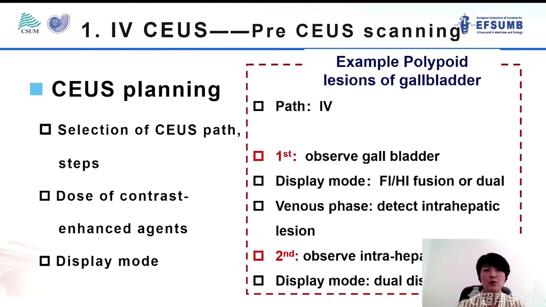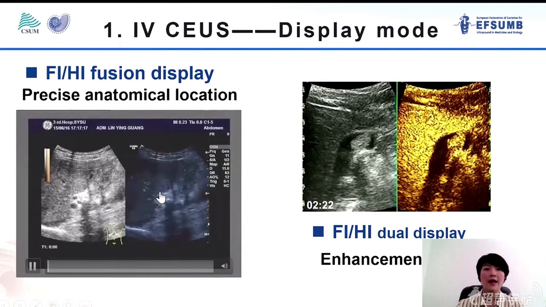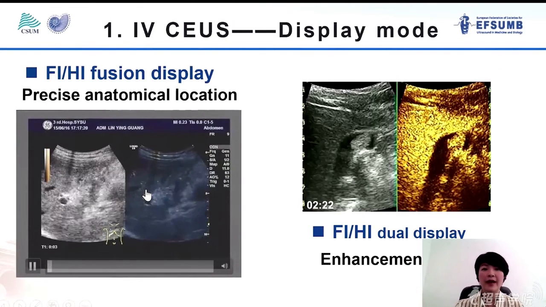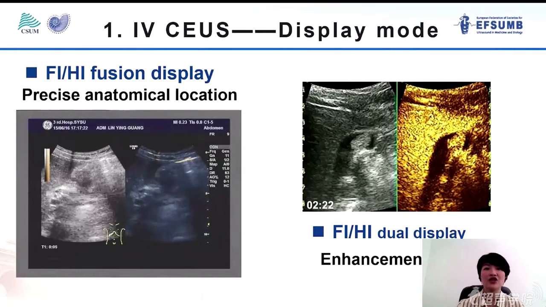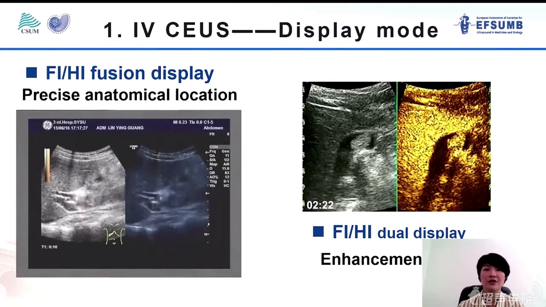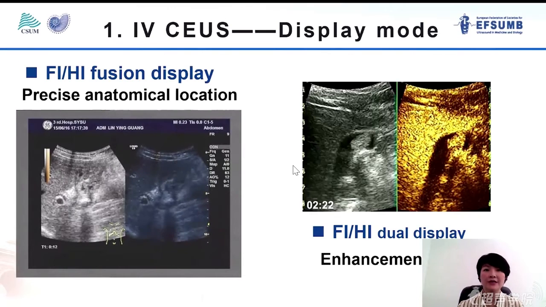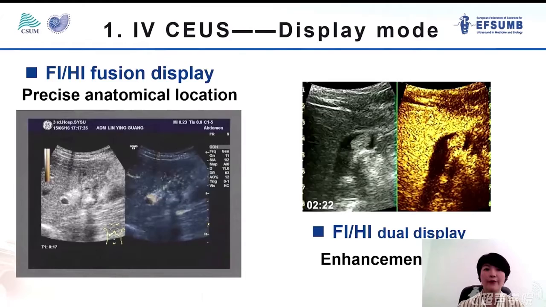If there is a washout lesion in the liver, dual display mode should be employed to evaluate the intrahepatic lesion in the second CEUS. As shown in the plan image, FI and HI fusion mode is more suitable for precise location, while dual mode is useful for evaluation of enhancement level.